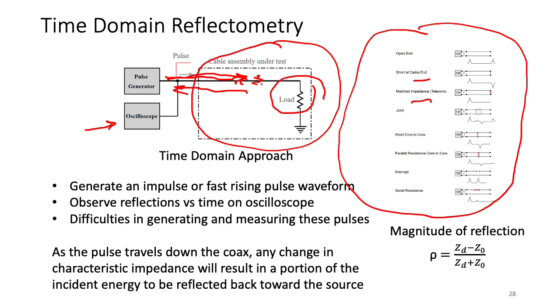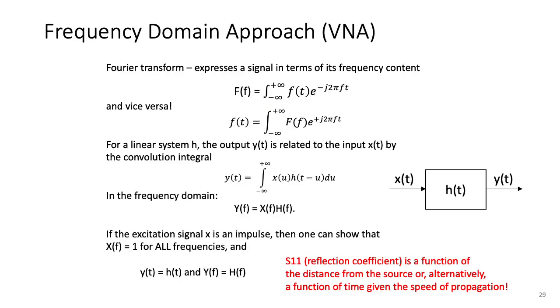So what we'd like to do is see if we could use the fact that we're measuring the return loss of this cable as a function of frequency, and whether that is somehow related to the time response of that cable with a pulse excitation. Now, there's a very important relationship between time and frequency.